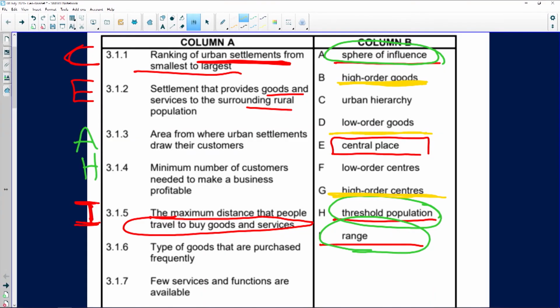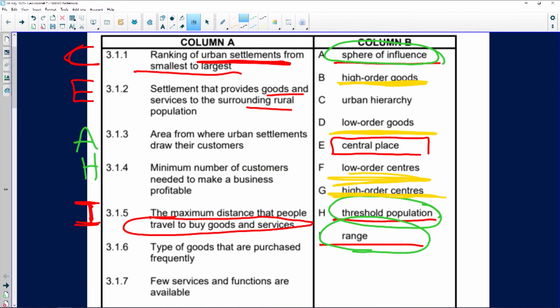Once again, if you quickly look at D, low order goods and low order centers, it depends on the different type of urban settlement. A low order good, for instance, is a spaza shop selling bread and milk. A low order center is a town with only low order services. You are not going to find a brain surgeon in a small town such as Kroonstad, because the threshold population is obviously going to be too small.